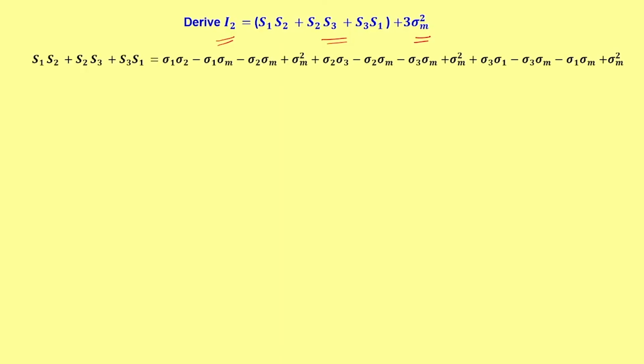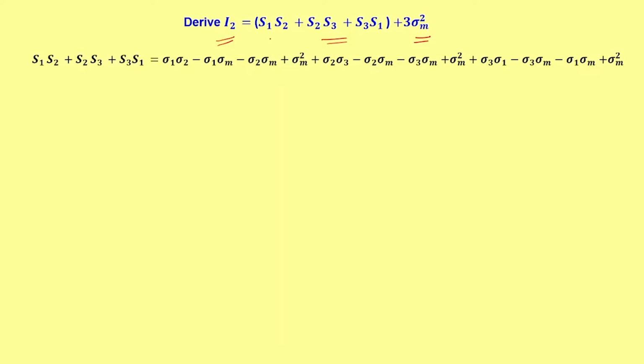The next relationship is I2 is equal to S1 S2 plus S2 S3 plus S3 S1 plus 3 sigma m square. Now, here it is the relationship between the second invariant of the stress tensor with the deviatoric stress elements and sigma m square. So, let us see how to do this.